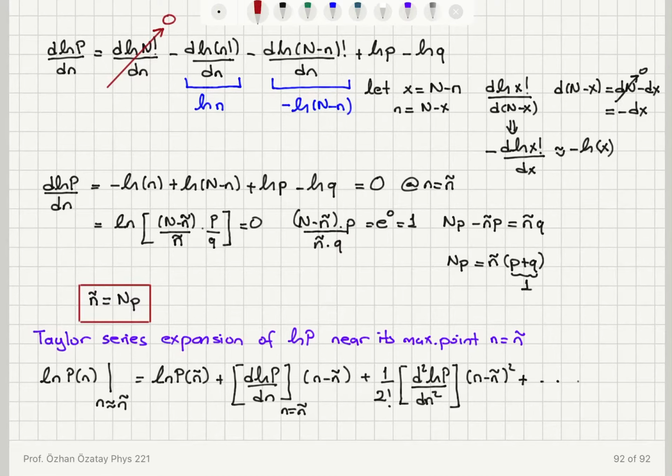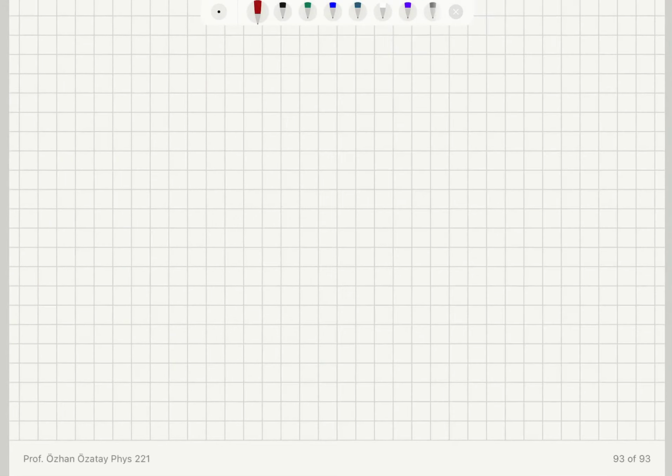And first of all, the first derivative term here, since n equals n tilde, that's an extremum point, must be 0. So we have two terms that can contribute. One is this term, one is this term, for the easiest possible approximation I can think of.